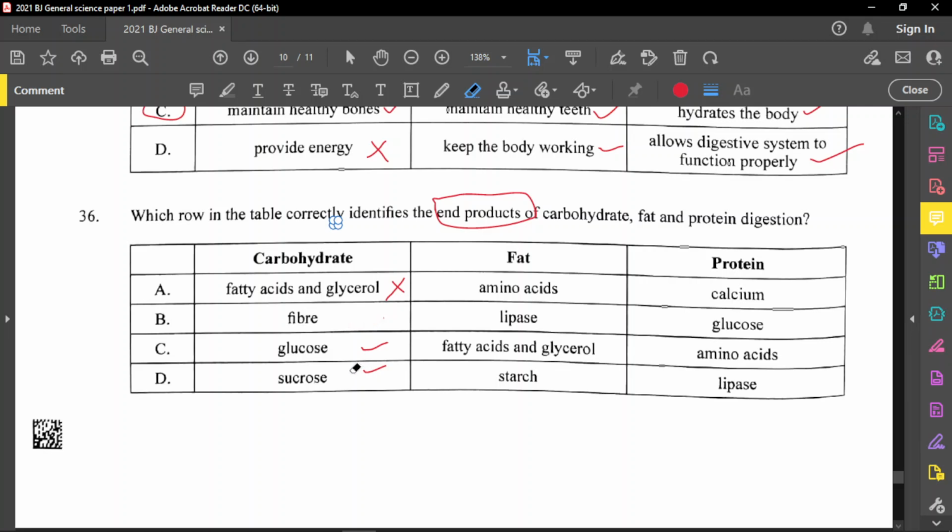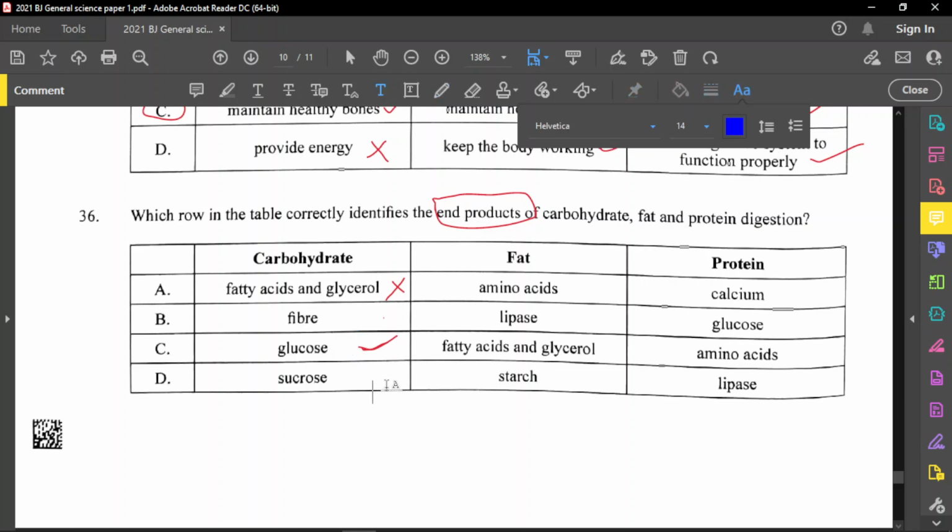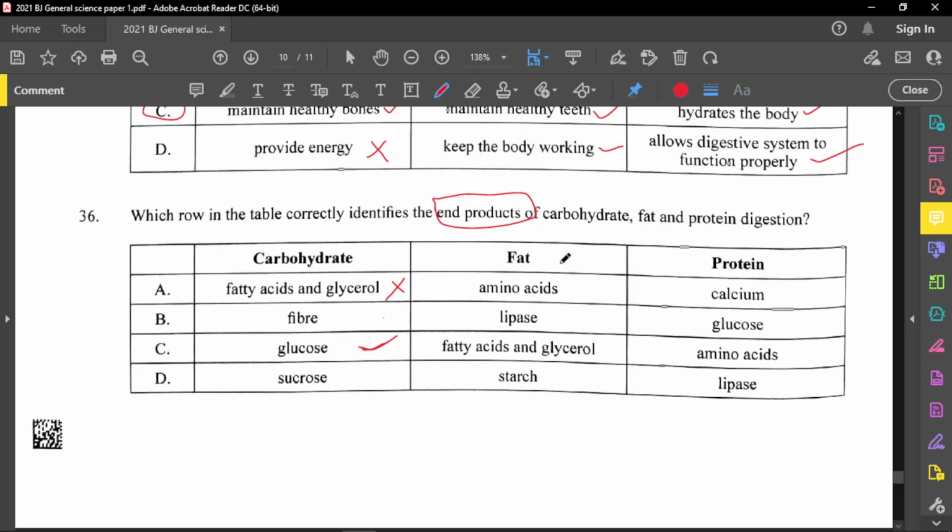These are types of carbohydrates, but the end product of carbohydrate digestion is glucose, right? But I also want you to know that fiber is a carbohydrate. Fiber is cellulose, and cellulose is a polysaccharide. Sucrose is a disaccharide, so it's still a carbohydrate, right? But the end product is actually glucose. Glucose is used in our body to form energy. All right, let's go for fat.